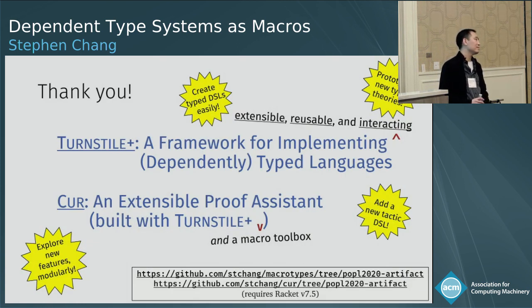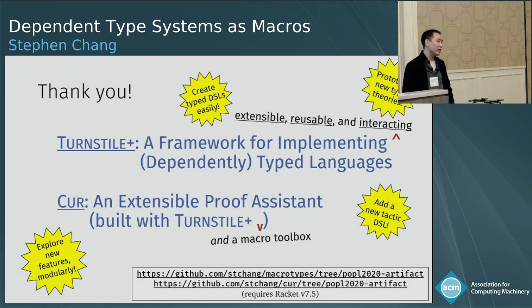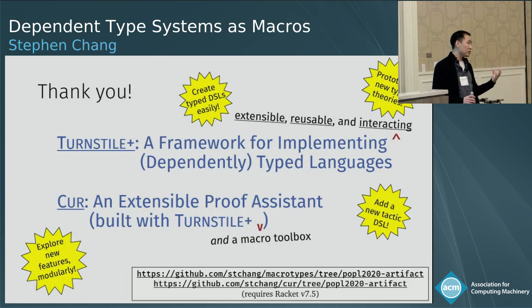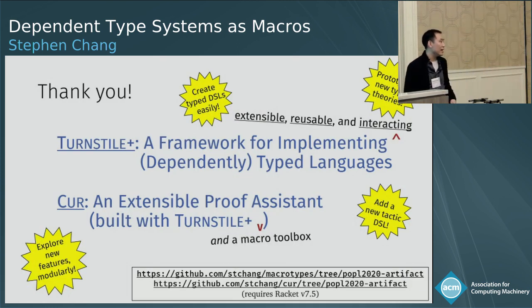David. I'm curious about the safety of the implementation itself. So I didn't quite understand. Is everything treated as strings in the rewriting, or is there some internal type system? It's syntax objects, which is sort of the AST that is used internally by the macro system. So you can think of syntax objects as symbolic S-expressions with a bunch of meta information attached, like the binding structure of the program.